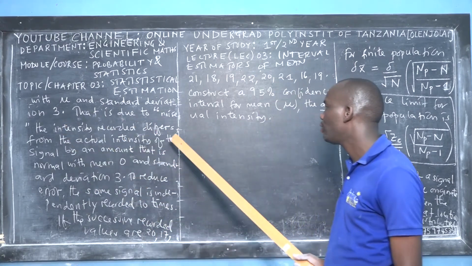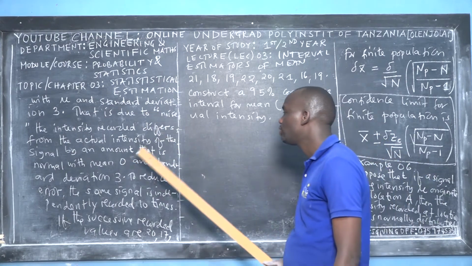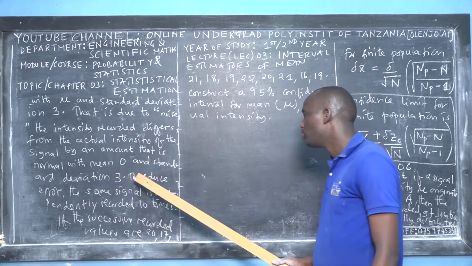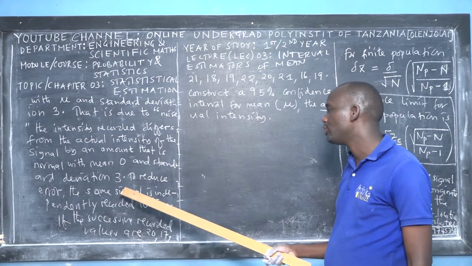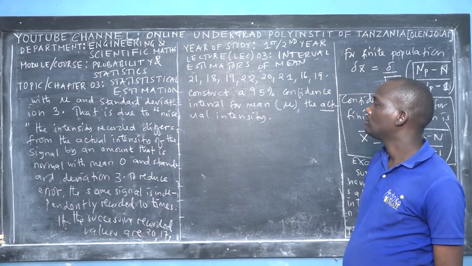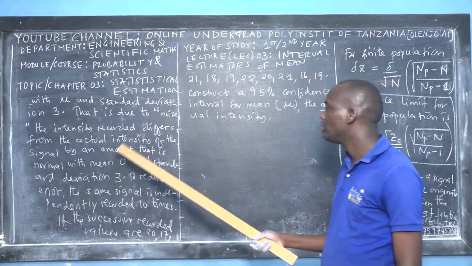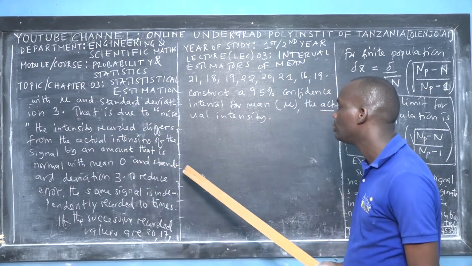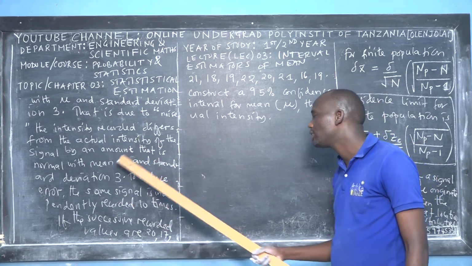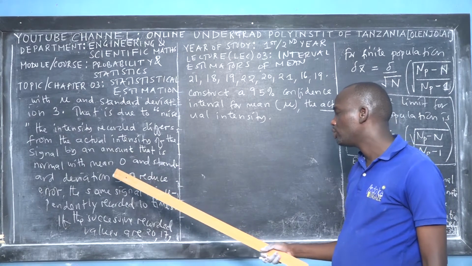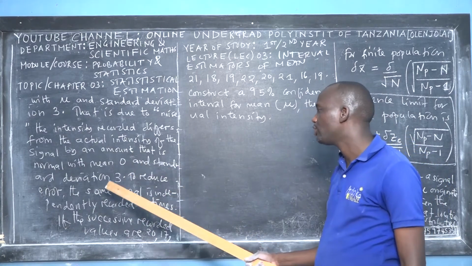The intensity recorded differs from the actual intensity of the signal by an amount that is normal with mean of 0 and standard deviation of 3.